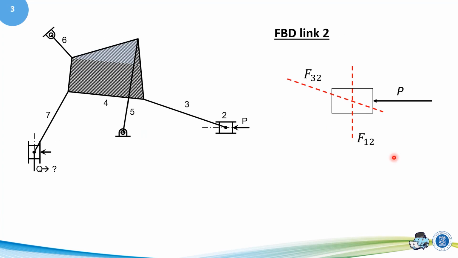In the free body diagram of link number 2, we have three forces, P, F12 and F32, and two unknowns, the magnitude of F12 and the magnitude of F32. So we can solve this problem by using the force polygon. This is the force equilibrium: P plus F12 plus F32 equals 0.